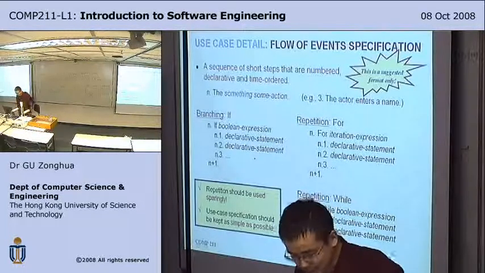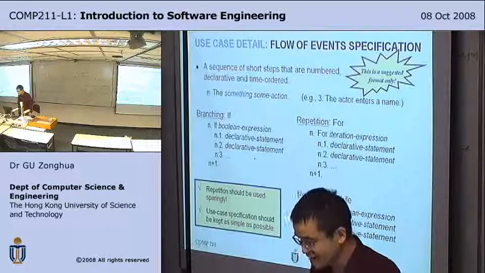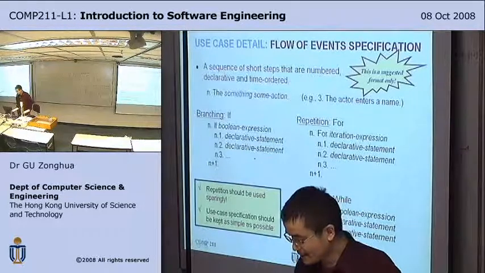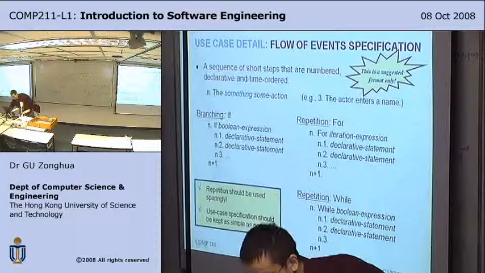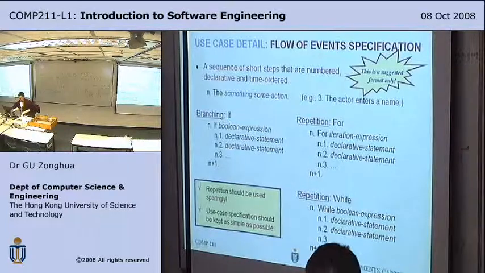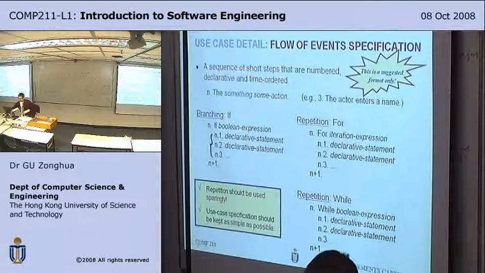Besides the linear flow of events, you may have a branching condition, like if a Boolean expression is true, you do a bunch of statements, and if it's false, you do something else.